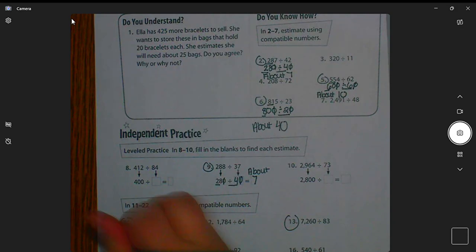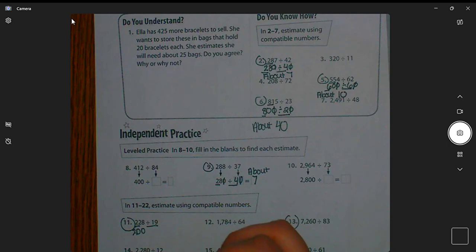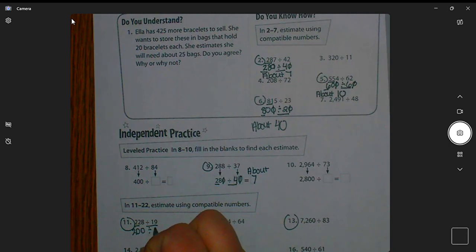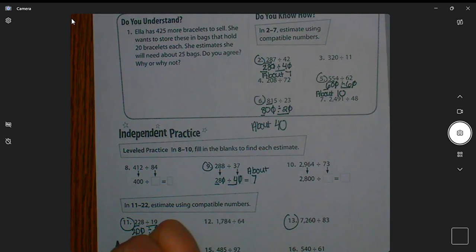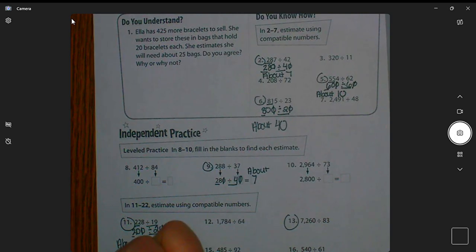The 8 becomes a 0 because it's not necessary anymore. We rounded. 19 will become 20 because that is the one it's closest to. 2 divided by 2 is 1. 10s cancel out, so I have a 0 left. So my answer, my quotient, is about 10.